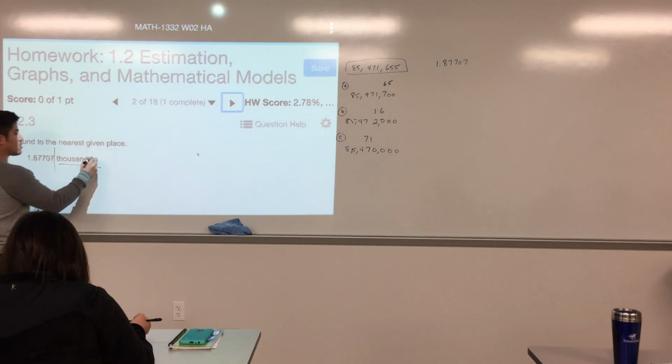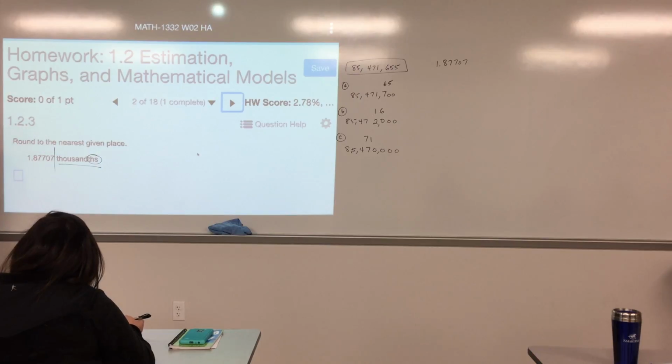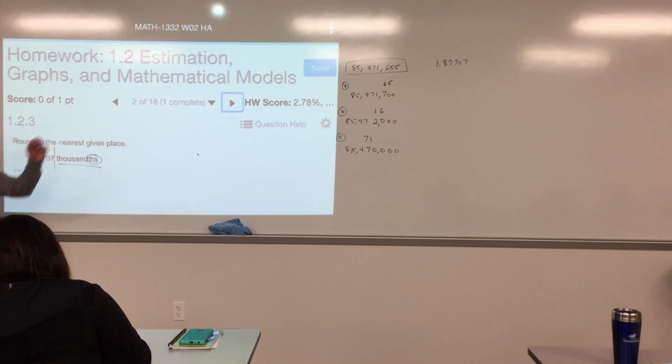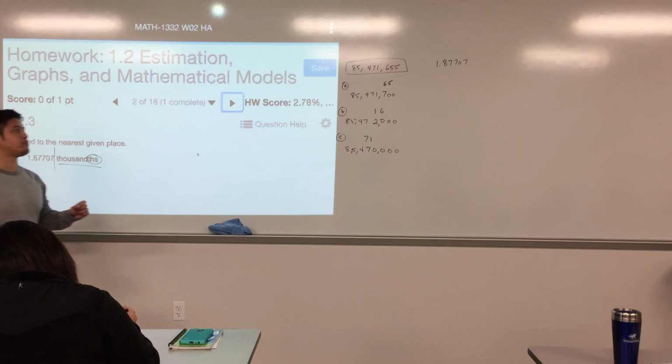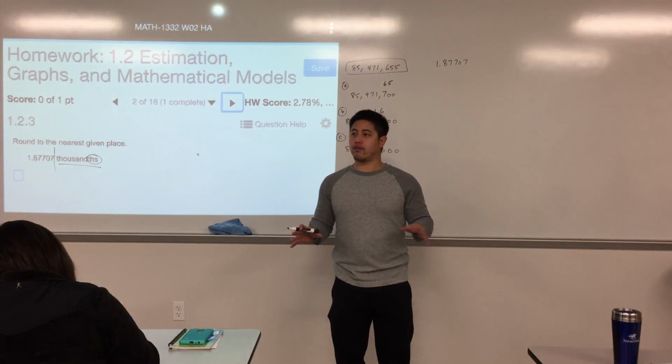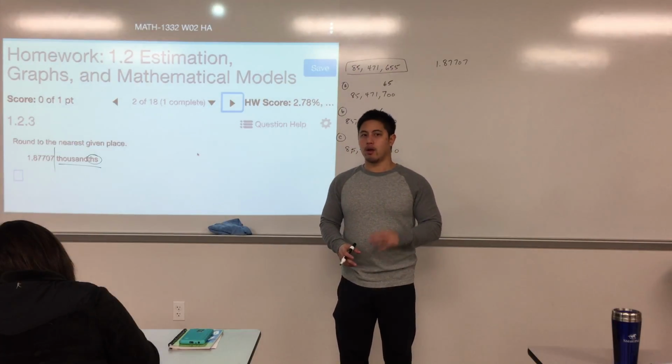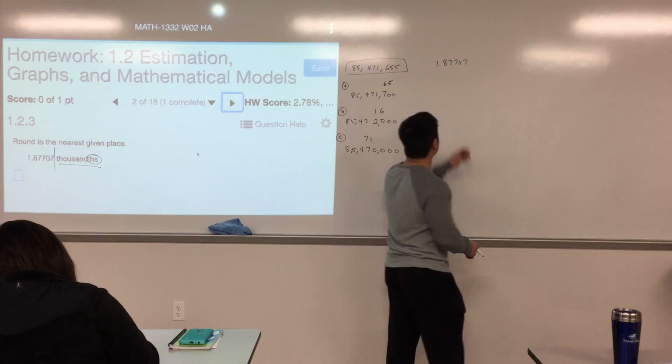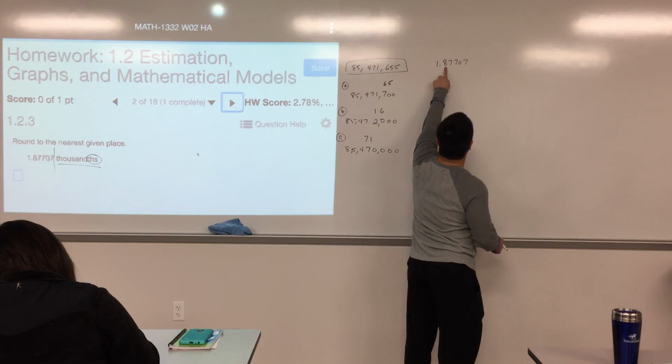Now with decimals, the places all end in THS, as opposed to thousands like you would see with whole numbers in our previous problem. We need to know what the decimal places are. Many of you, even if you know how to round, may not be familiar, so let's review this. This is the tenths place.